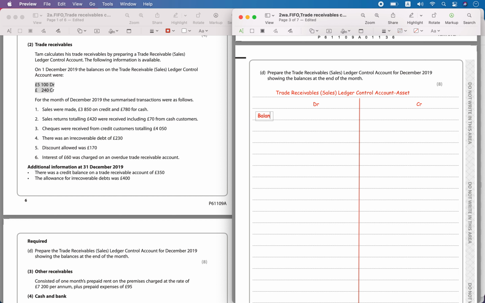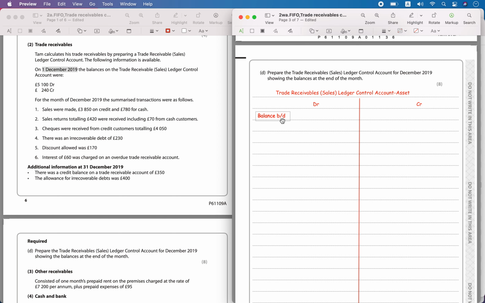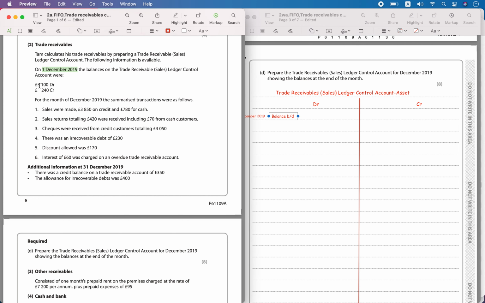So balance b/d as on 1st December 2019, the balance b/d was around 5,100 pounds.